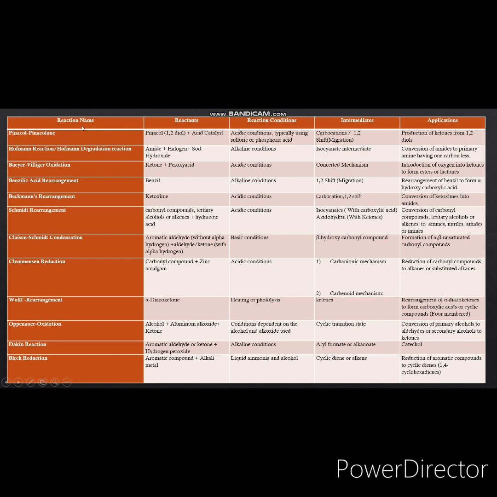This is the reaction name. And in this reaction, the reactant is pinacol. Pinacol means a 1,2-diol is there, and we have to use acid as a catalyst. Reaction condition is obviously acidic, and the intermediate formed in this reaction is a carbocation. There are two carbocations formed. First is formed, then the second carbocation is formed.